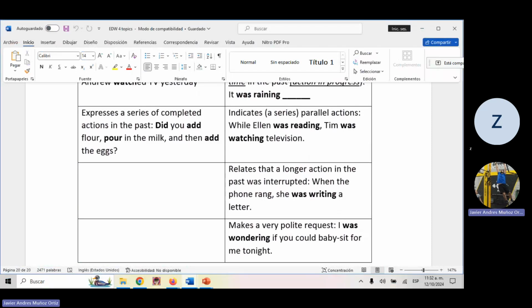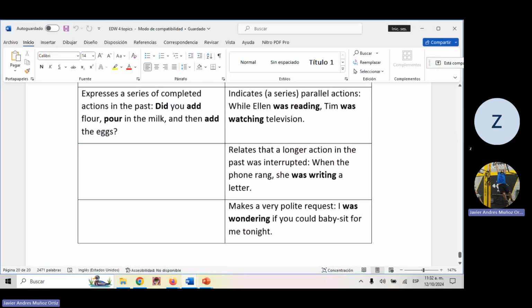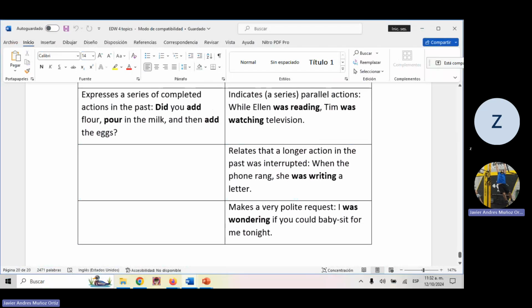The fourth parallel, we can only mention why we use past continuous, therefore let's go with that. Past continuous is also used to mention an activity that lasted for a period of time because it was interrupted by something else or by something in time.